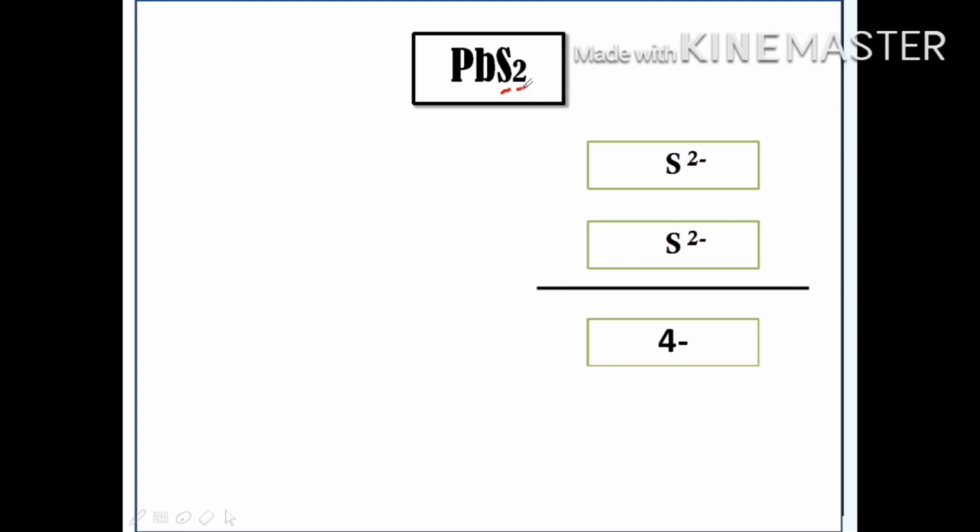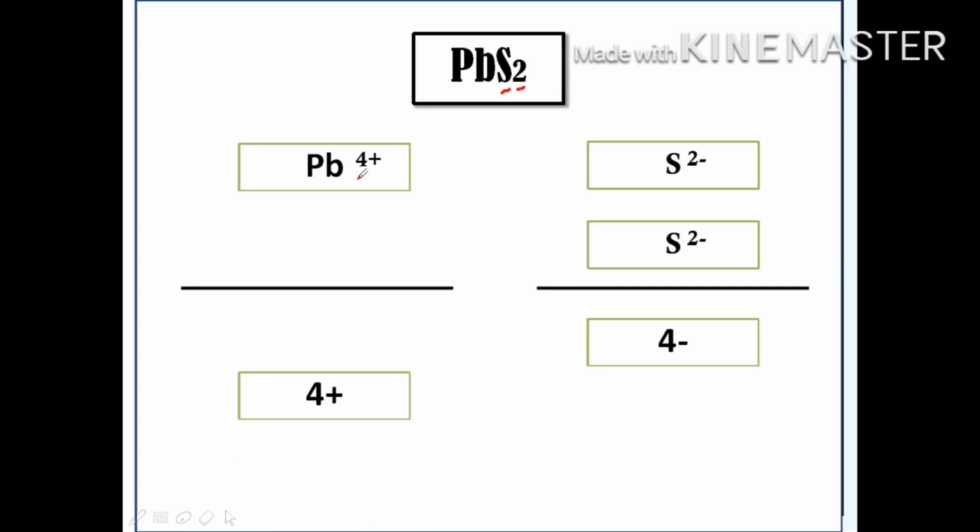And since there is only one atom of lead present in the compound, this atom of lead should be carrying a charge equal to the total charge of the anion, which is 4 minus. So then, what is the charge of lead?